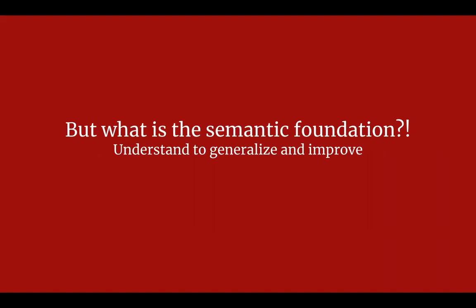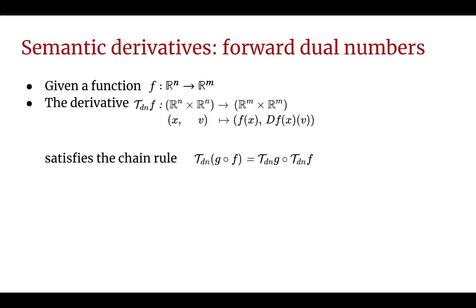Okay, so let's look at the semantic foundation so we can generalize these techniques. First we'll look at the dual numbers algorithms, because in many ways they're much simpler than the other algorithms. Okay, so dual number forward AD, what does it do? Semantically, what we're hoping to calculate with this algorithm is that we have a function f from Rn to Rm, and then we have a semantic dual numbers forward derivative.